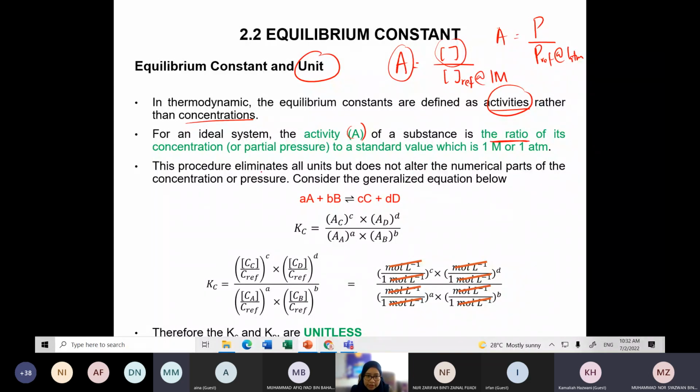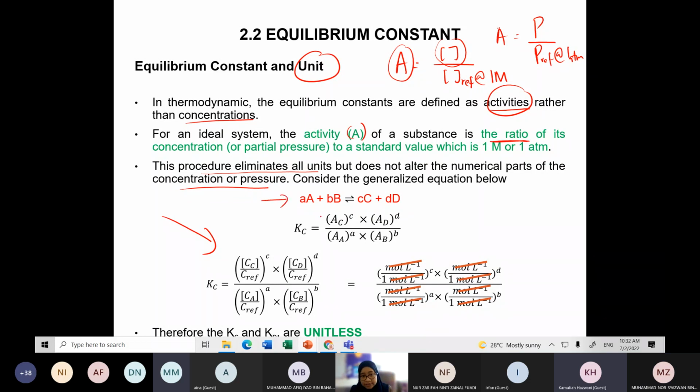This procedure eliminates all units but does not alter the numerical part of the concentration or pressure. That's why KC ends up with no unit: the unit cancels out, but the value remains the same.